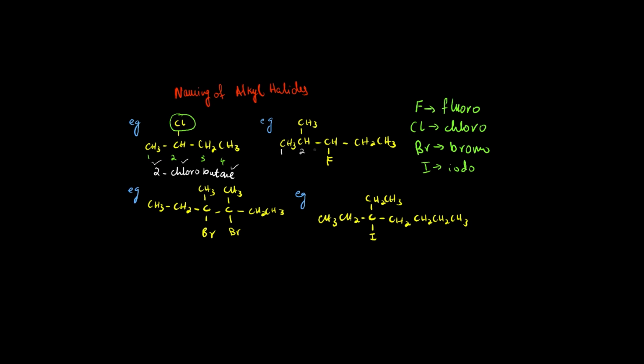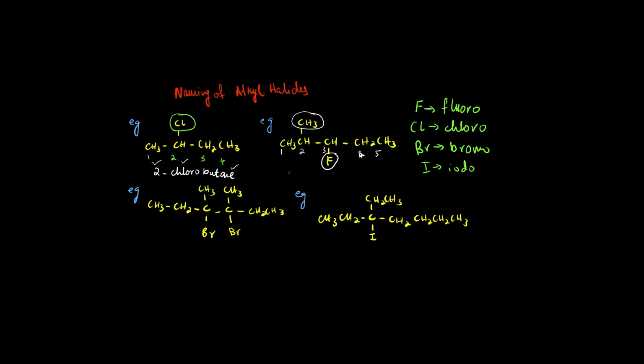The longest carbon chain is 5 carbons, and we have a fluoro substituent and we have a methyl substituent. So now the naming of this compound we must note.